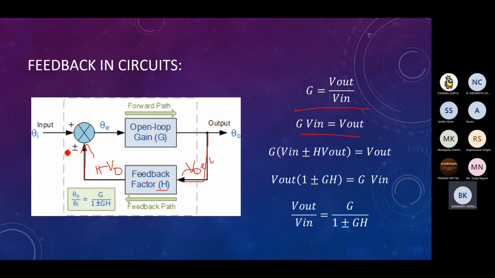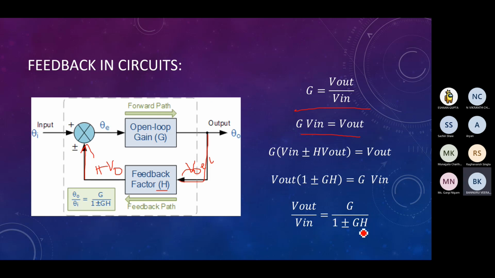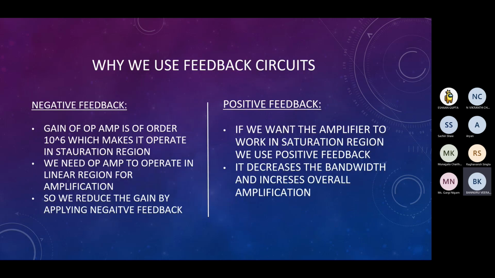If we take positive feedback, then it will be plus, and if we take negative feedback, it will be minus. So the overall gain V out by V in is nothing but G by 1 plus GH. So by varying H, we can change the overall gain of the system. That is what it is.